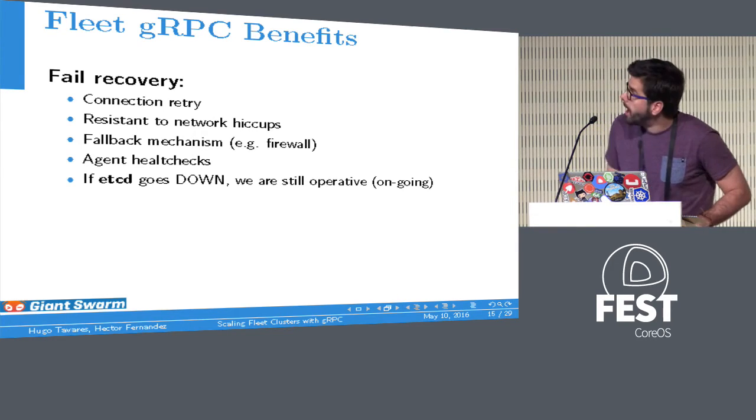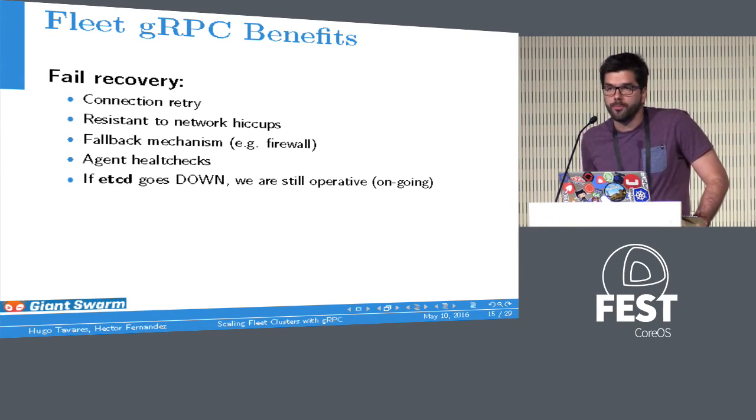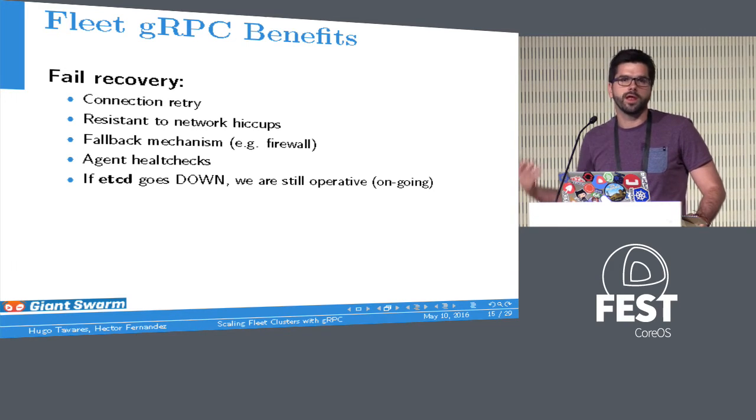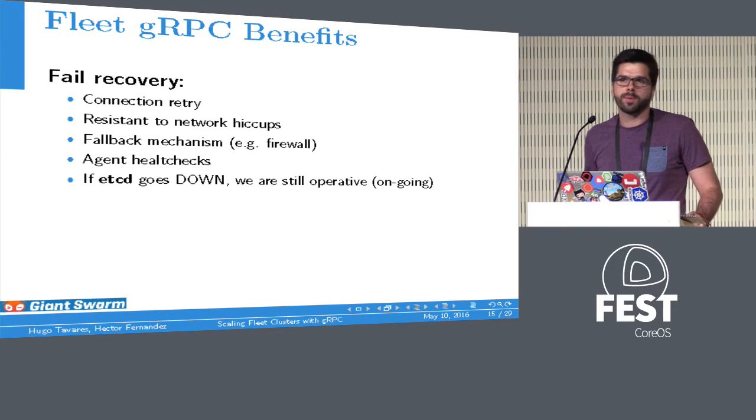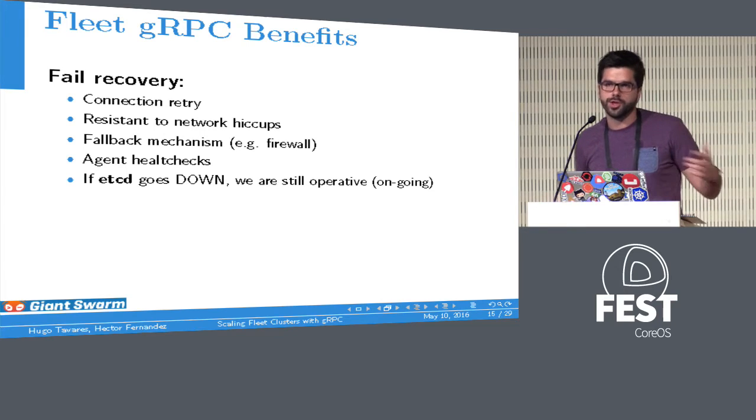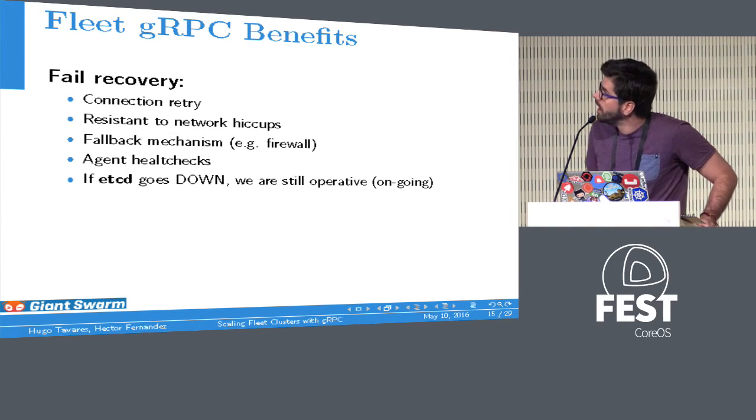We also wanted, with gRPC, a node which is resistant to network hiccups, right? It can happen that for whatever reason on your infrastructure the network device goes down and after 10 seconds goes up again. We wanted to survive this without having to reschedule all the systemd units on that agent to other agents, so without creating too much trouble.